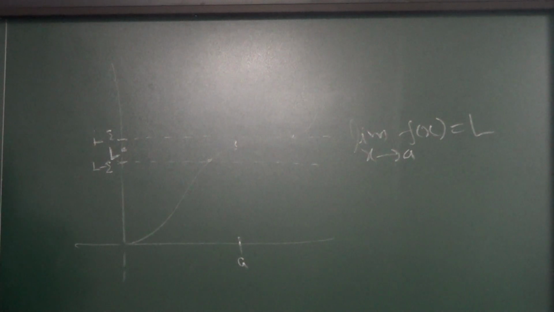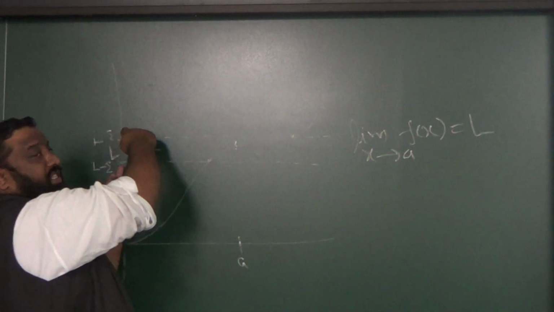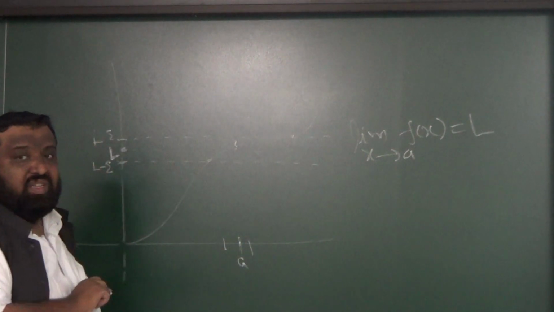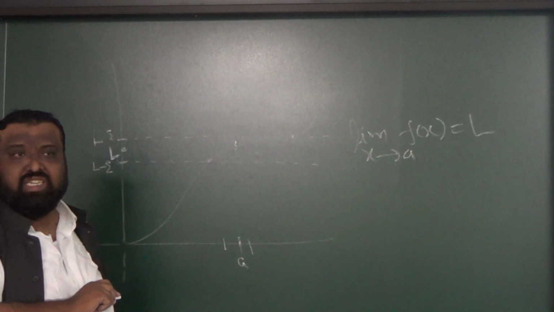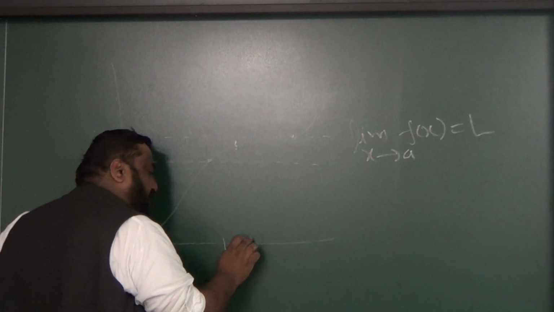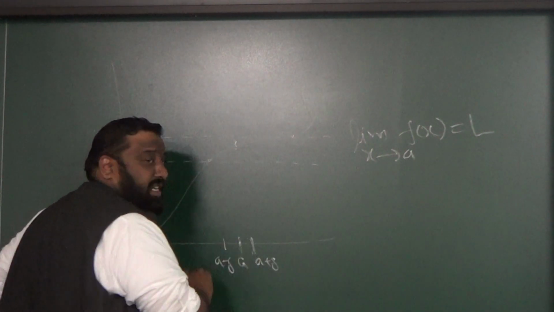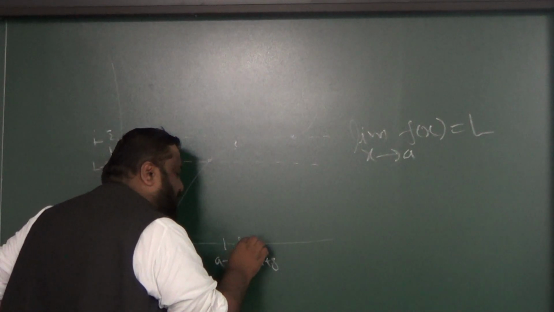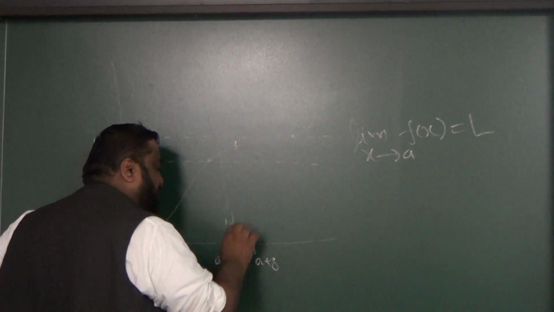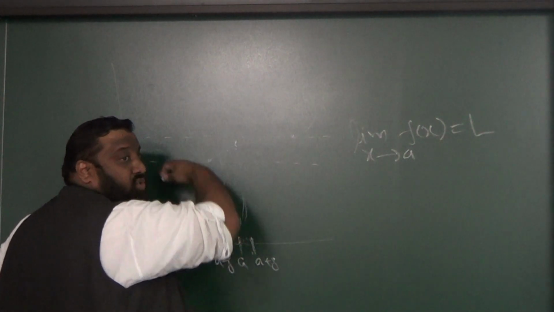If the limit exists for this interval, you can always find a small enough interval with some radius delta, maybe this is a plus delta and this is a minus delta, such that if you take all these points in this interval and see their corresponding outputs, they are in your required interval.